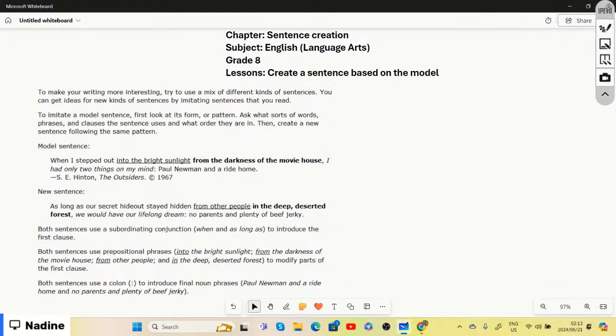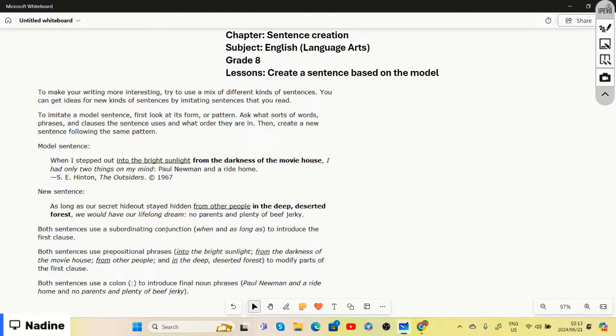And if you look at both of the sentences, the model sentence as well as our new sentence which we have recreated from our model sentence, both of these sentences use subordinating conjunctions, which are "when" and "as long as," to introduce the first clause.